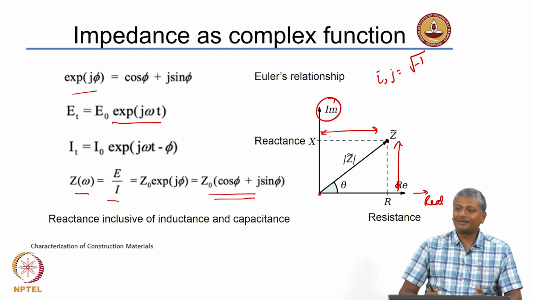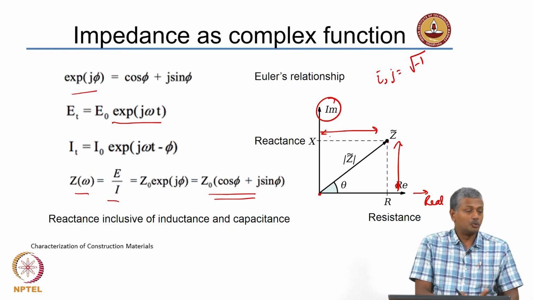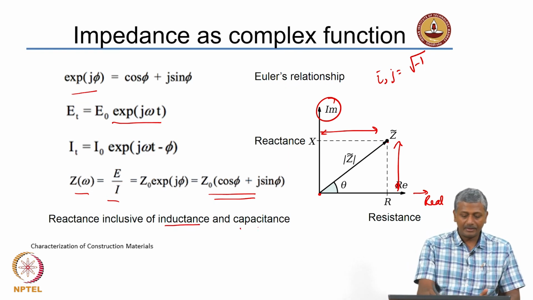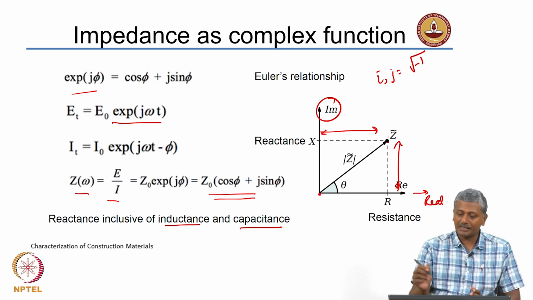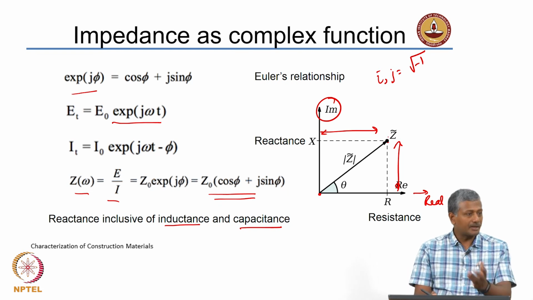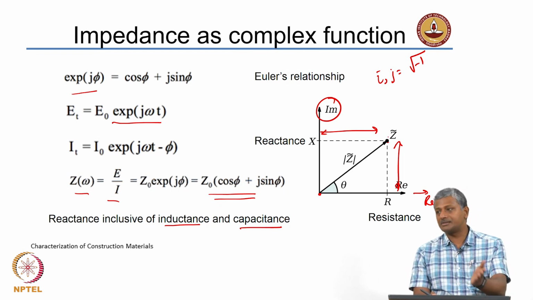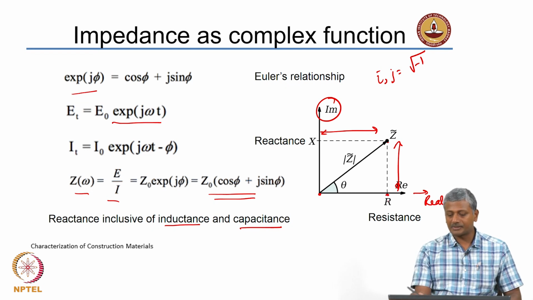So, you know very well that reactance is composed of both inductance and capacitance. Okay. So, the ordinate of this z point represents the reactance, which is consisting both of inductance and capacitance. The abscissa is the resistance R.